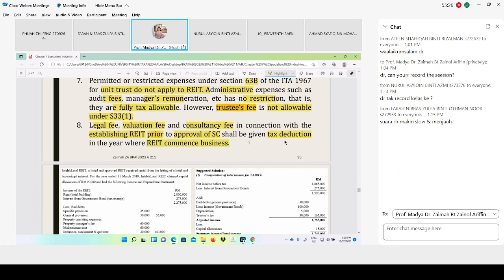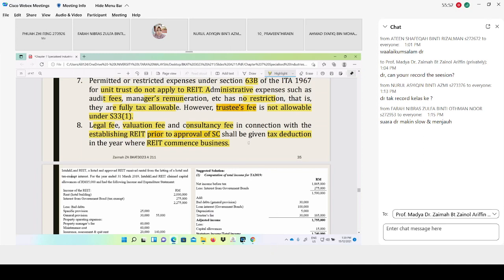Remember last time when you learned about expenses incurred prior to the production, in here prior to the approval of SC. Previously you learned that is commencement of expenses, that is capital expenditure, and it is non-allowable expenses.